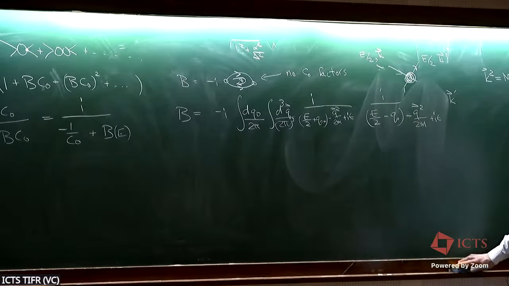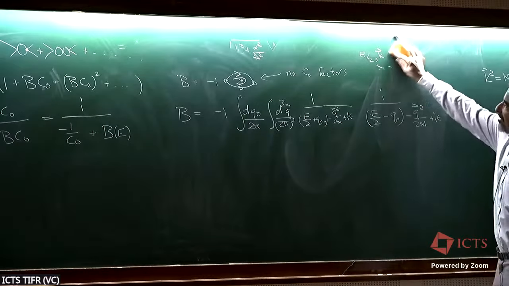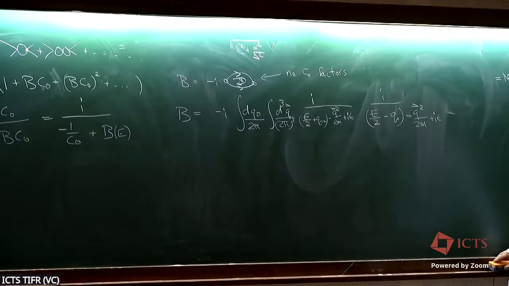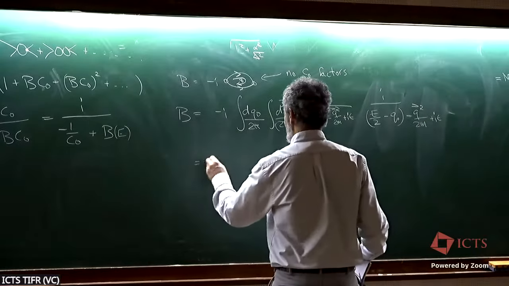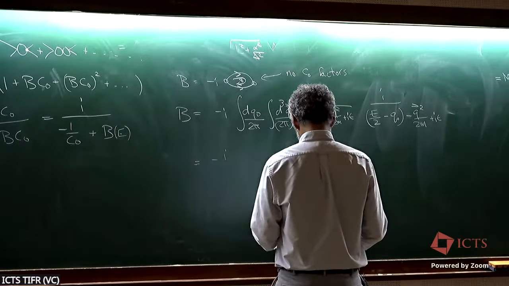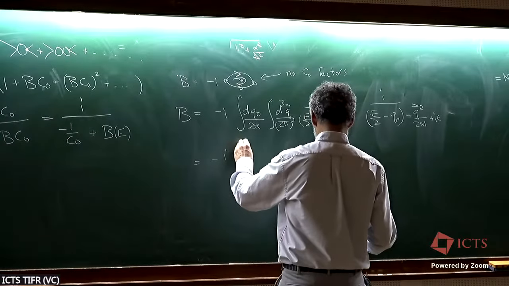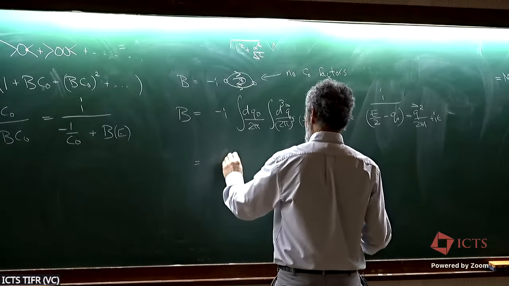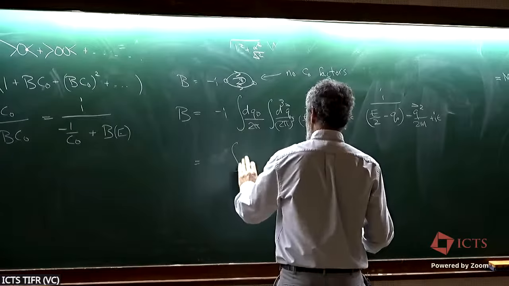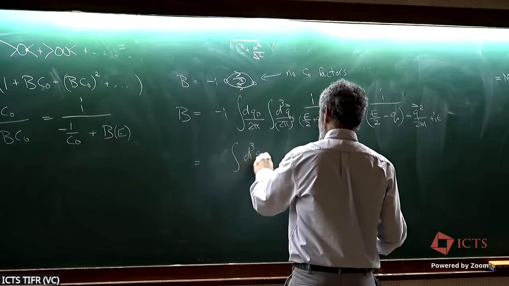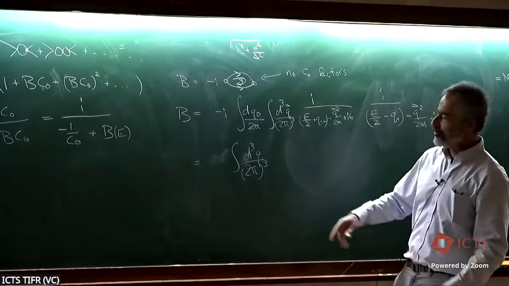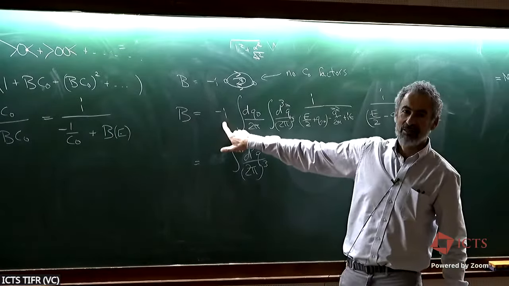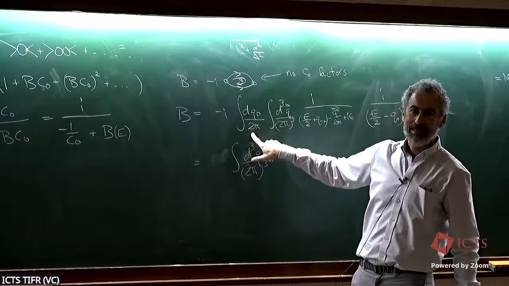So I have to do this diagram. And so the first thing to do is do the Q0 integral. The i that you get from Cauchy's rule cancels the minus i, and the 2 pi from Cauchy's rule cancels this 2 pi.